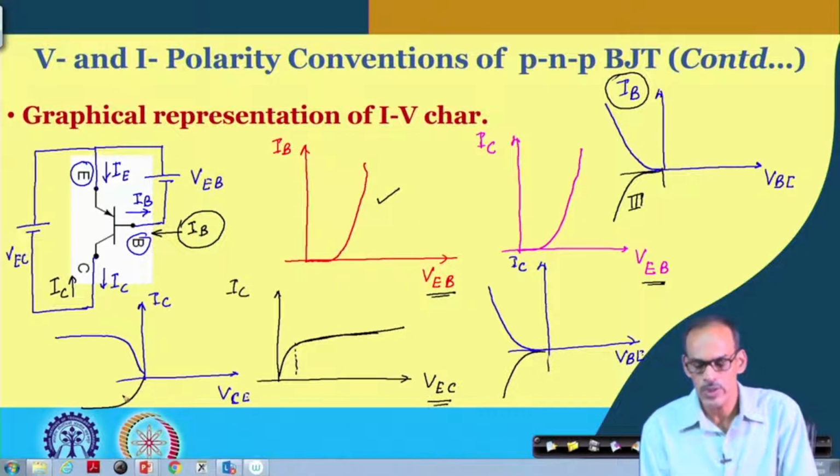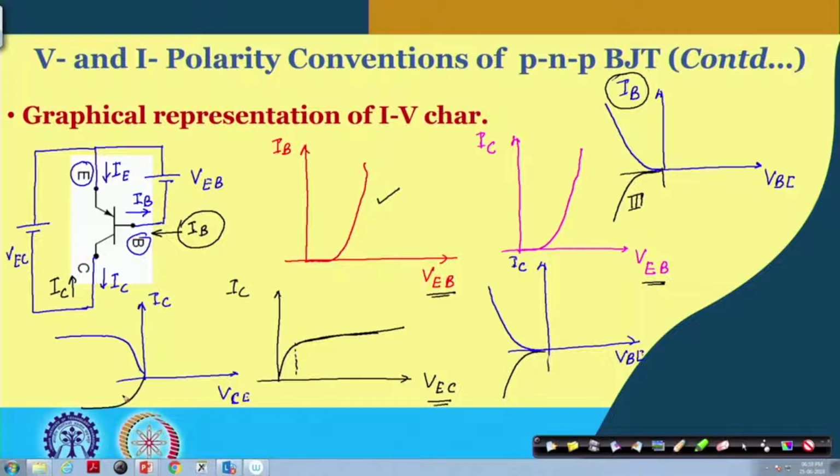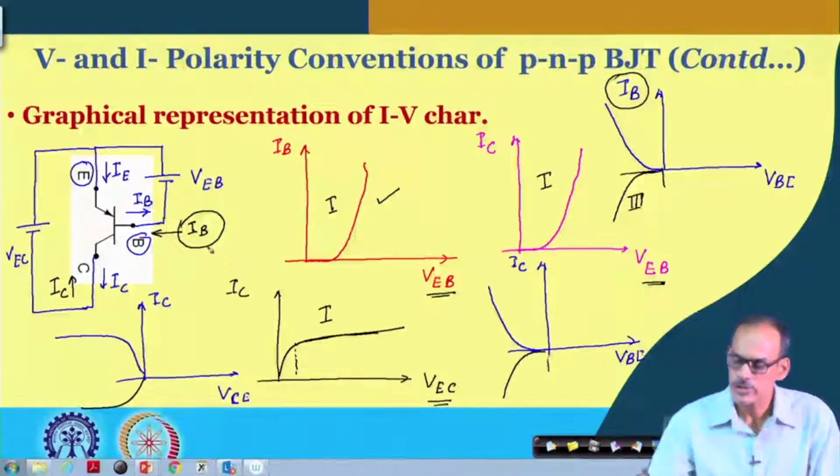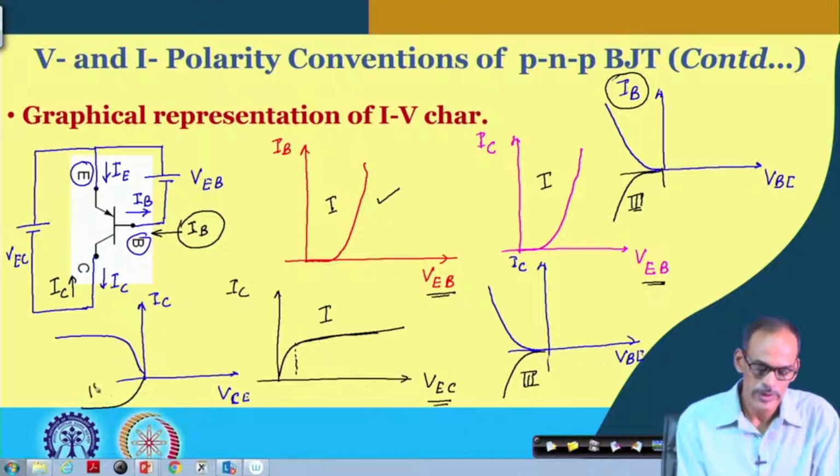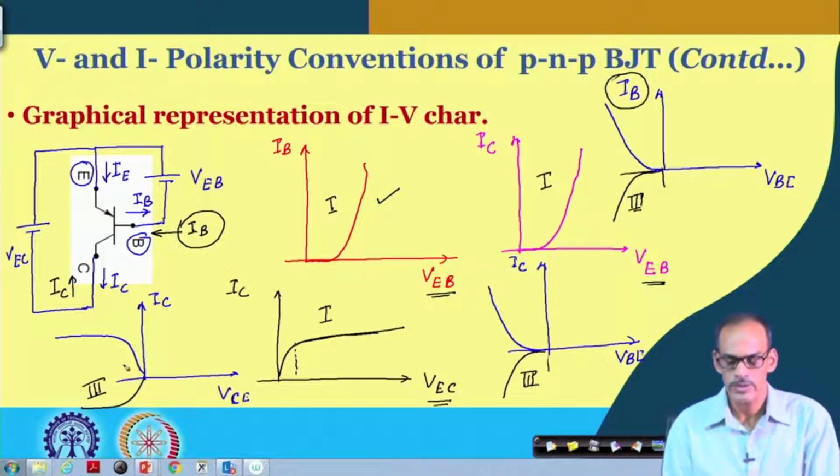We will discuss this later, but just to make you aware that there are two approaches to go from NPN to PNP: change the polarity appropriately for PNP, keeping the IV characteristic in the first quadrant itself, or follow the same convention as NPN, but then the corresponding characteristics enter the third quadrant. Whenever the situation comes, we will go into detail on that.